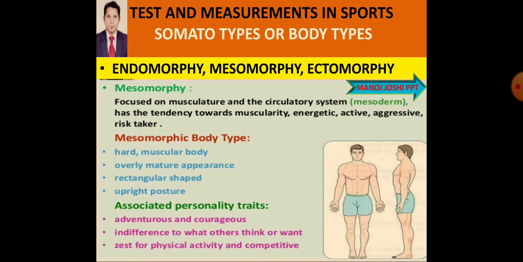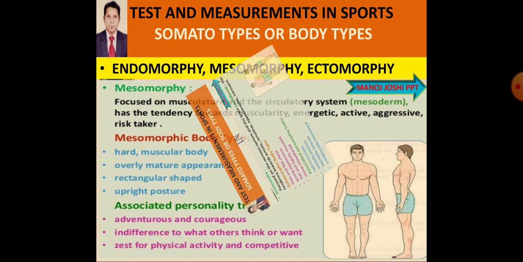They always love to perform physical activity. They are highly competitive, and they are not bothered about what others think or want, and they are highly adventurous and courageous people. So this is all about the mesomorphy, the second type of body type.